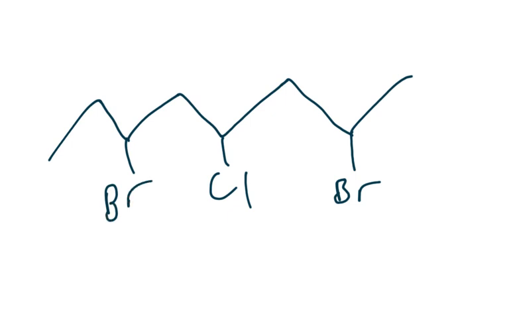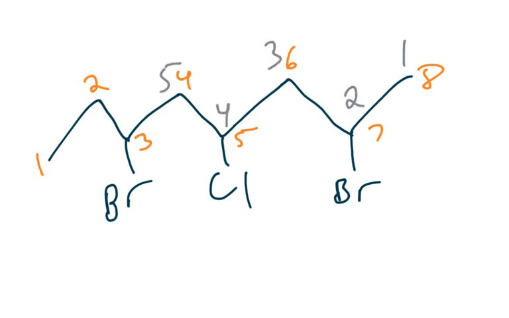So what would this molecule be? So if we look at it right away, what do we do? We number the longest parent chain. Okay, so what would that be? Let's start here. 1, 2, 3, 4, 5, 6, 7, 8. Right? What's the other way? 1, 2, 3, 4, 5, 6, 7, 8.